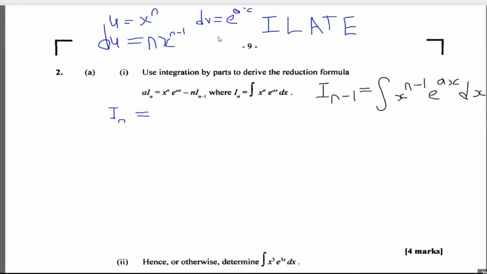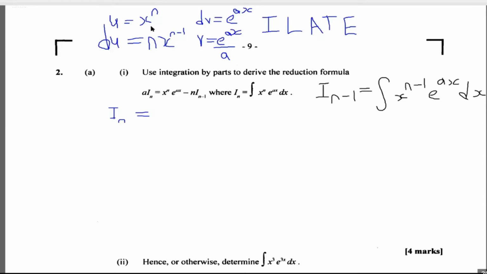And so in order to get v, we're going to have to integrate e^(ax), and that's not too bad. When we integrate this, what we're going to get is e^(ax) divided by a. So that's the v. And so now what we need to work out is, of course, u times v.